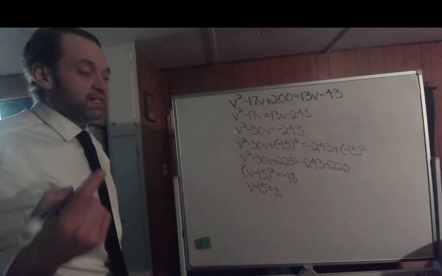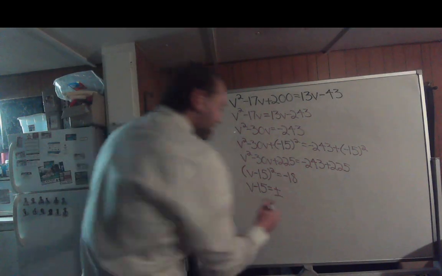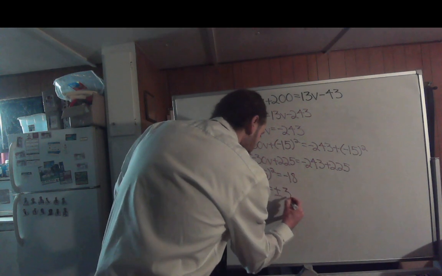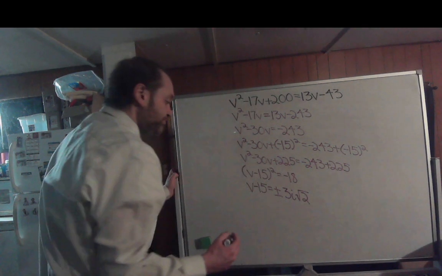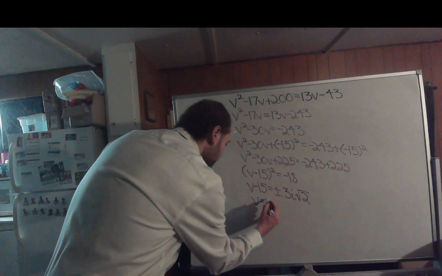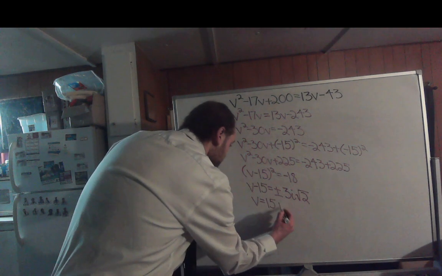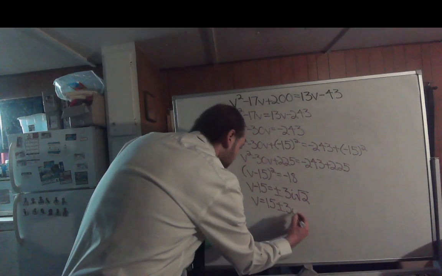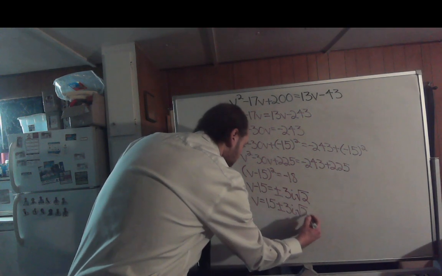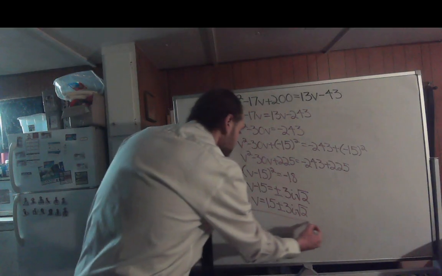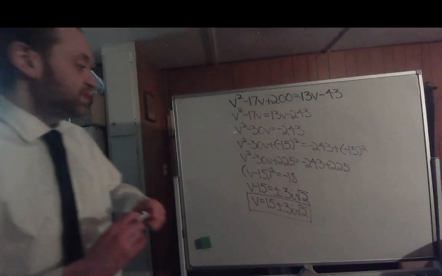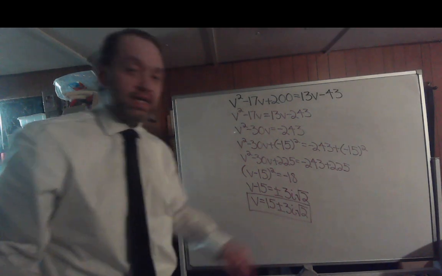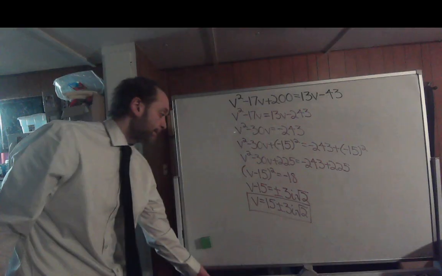Then you have 9 times 2, so that would end up being plus or minus 3i times the square root of 2, which means v would equal 15 plus and minus 3i times the square root of 2. So you have two imaginary solutions for this one. v equals 15 plus and minus 3i times the square root of 2.